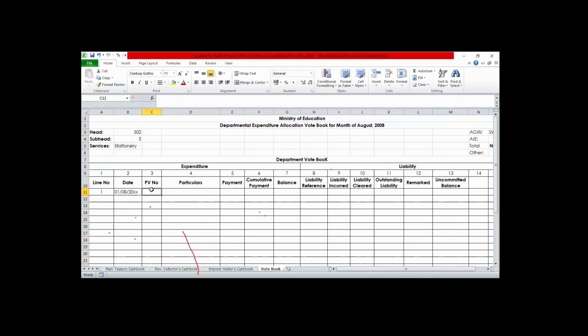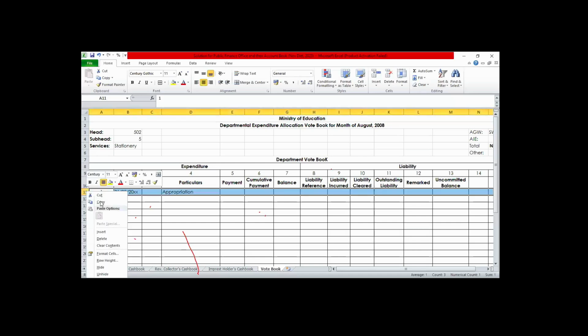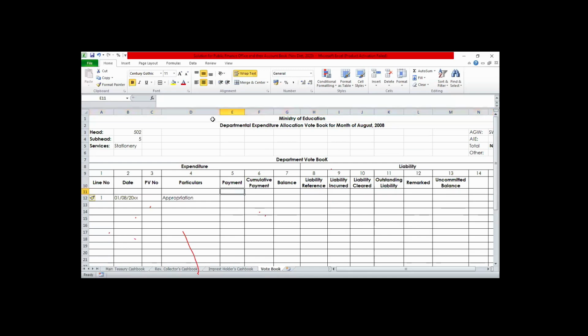Okay. No PV relating to this. This is an appropriation. No payment. We'll put it under the balance. Excuse me, let me create a column here to put the naira value.